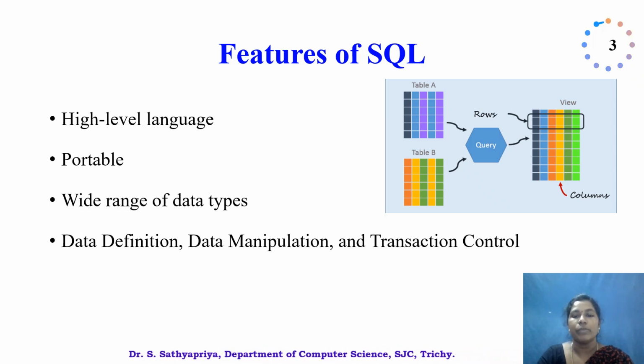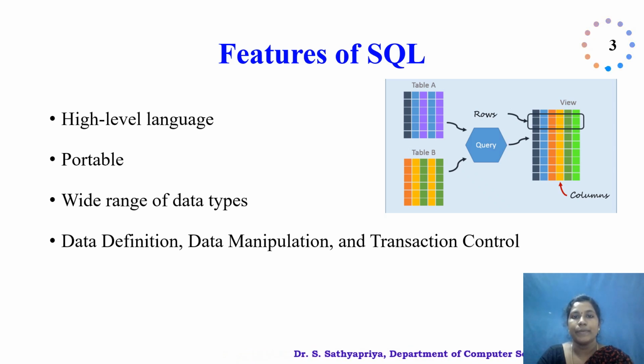High-level language means SQL focuses on what you want to achieve rather than how to do it. For example, to find all customers who visited the restaurant today, you write a simple query and SQL handles the technical details. Portability means SQL is supported by most database systems like MySQL, PostgreSQL, and Oracle, making it versatile.